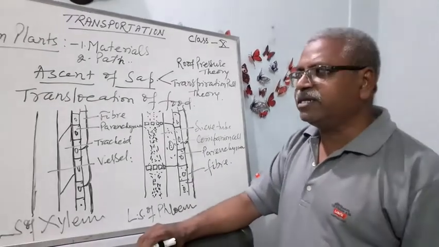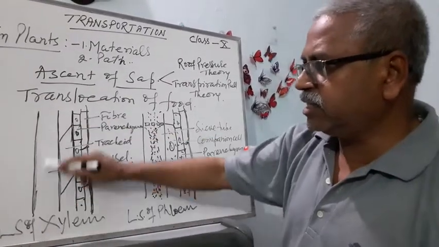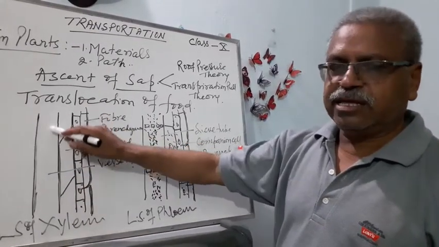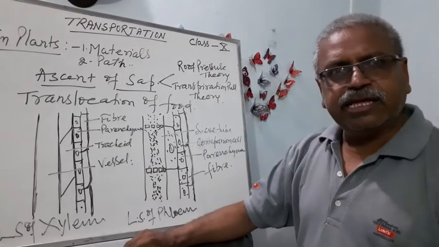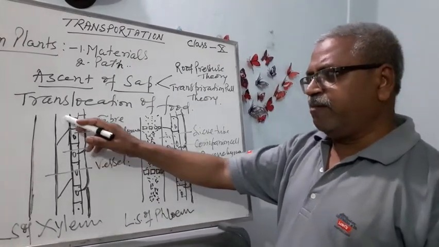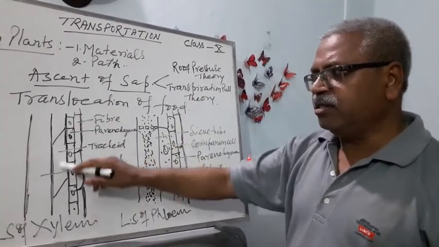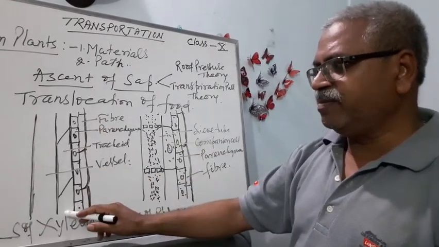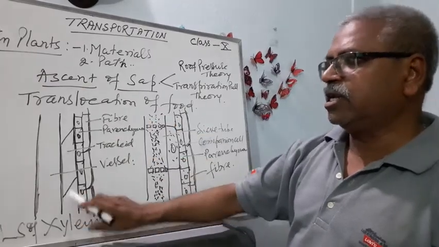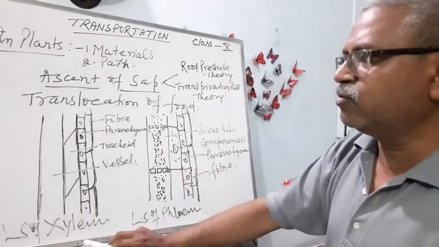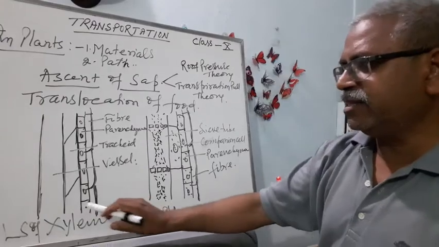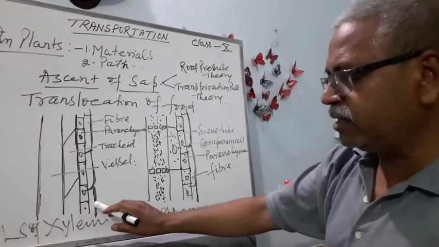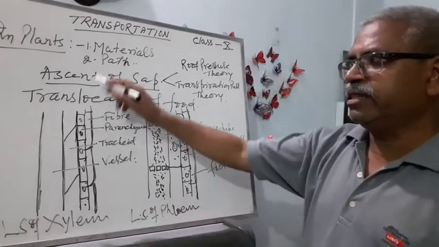The real site of the transportation is this empty channel, which is the vessels. In some plants, tracheids are also the path. This is also a dead cell through which water is transported from downward to upward. And these elements, xylem parenchyma and xylem fibers, help in the transportation.